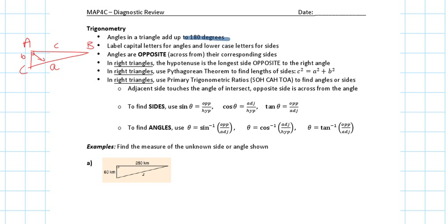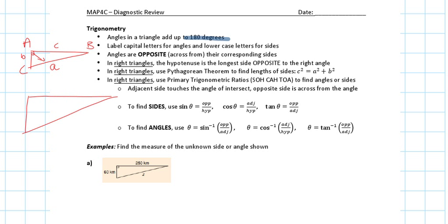In right angle triangles, we name them a little bit differently. In right angle triangles, we have three names that we always have to use, which are the hypotenuse, the opposite, and the adjacent. Okay? It all depends on which angle is my angle of interest or angle of focus. So it's the angle that either I'm looking for or the angle that I know.